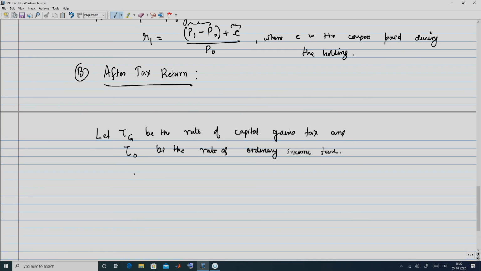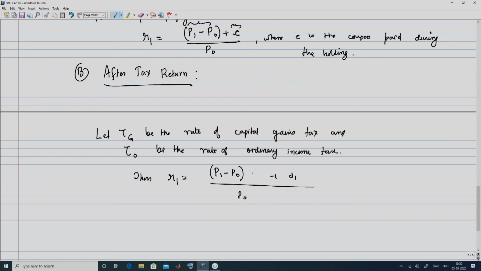So, accordingly, we now need to modify the rate of return to incorporate these two tax rates. So, this gives us that the rate of return R, as before, is going to be P1 minus P0 plus your D1 divided by P0, but please remember that on the amount of P1 minus P0, you have to pay capital gains tax at the rate of tau g.